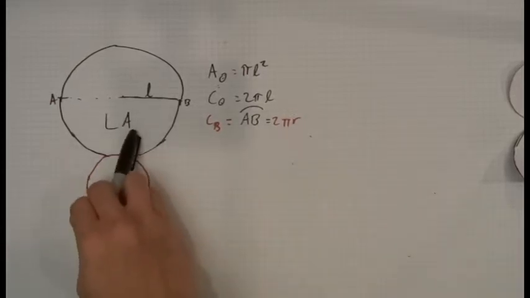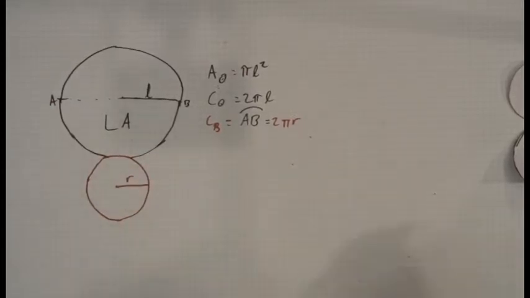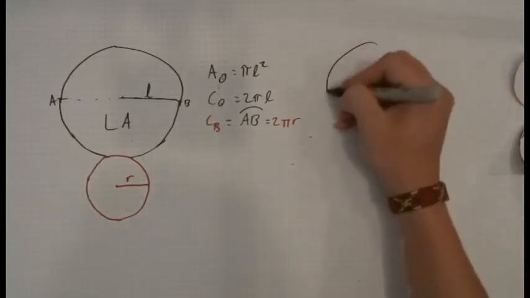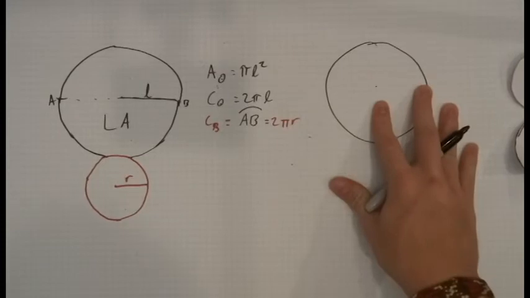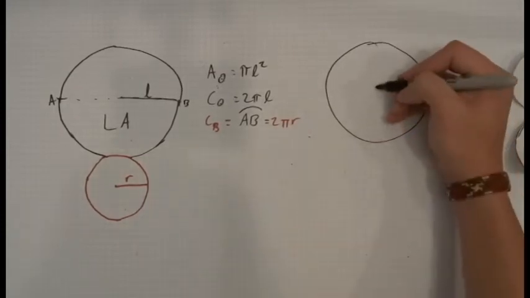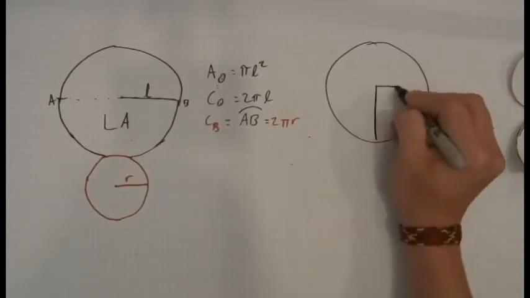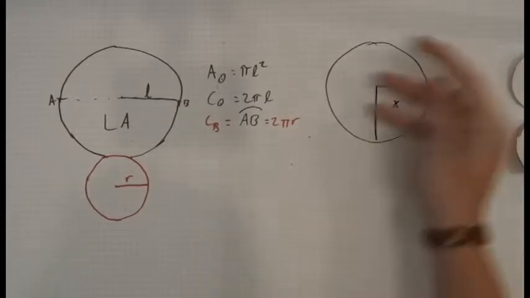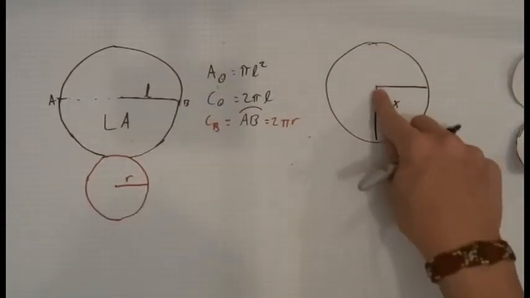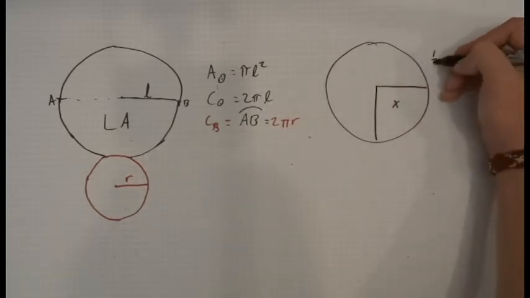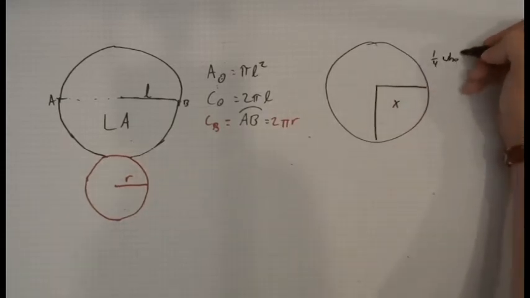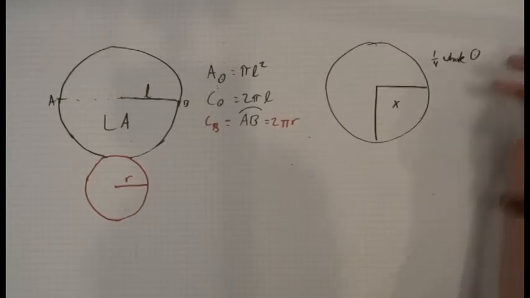Now to find the lateral area, we're going to need a proportion. And let's take this circle for example. With this circle, we'll make this a sector area, and these circles are independent. This sector area right here, x, is 1/4 of the area of the whole circle, right?